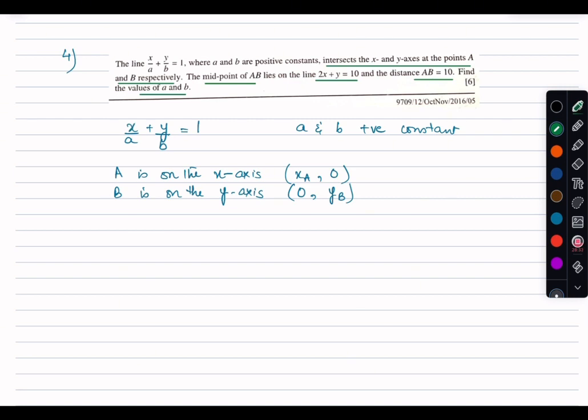And if that was the case, then it was very much clear that this line was intersecting the x-axis at A and the y-axis at B. So if I substitute y equals 0 to get my A coordinates, it's x by a plus 0 equals 1. And I can say that the x coordinate of A will be equal to a here. This is the x coordinate of A.